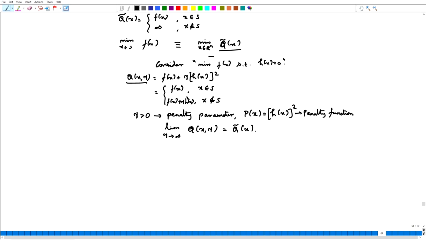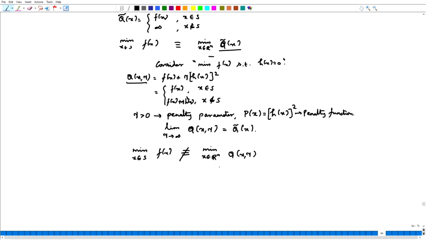So, this is not true: min x in S of f of x is not equivalent to min x in R n of q of x comma gamma.